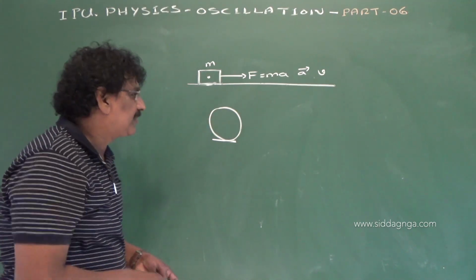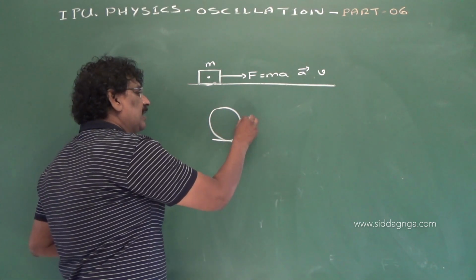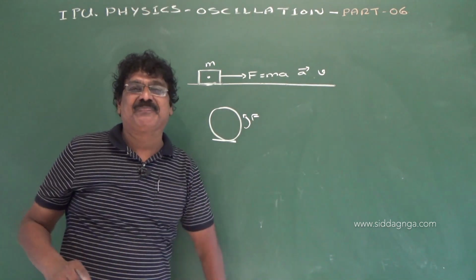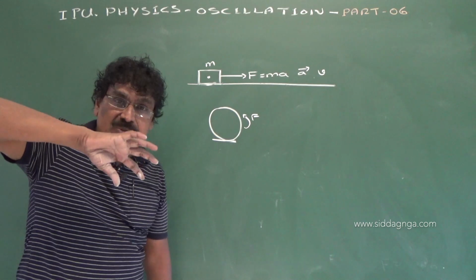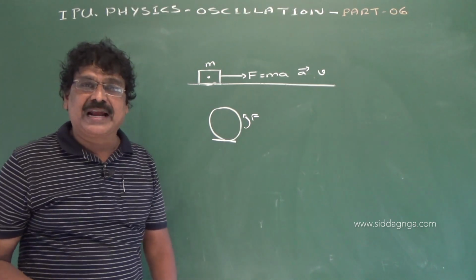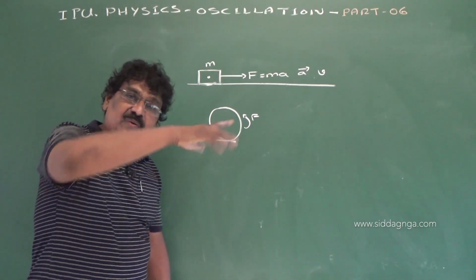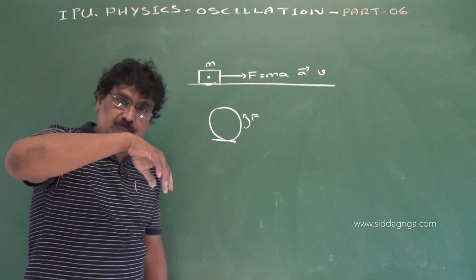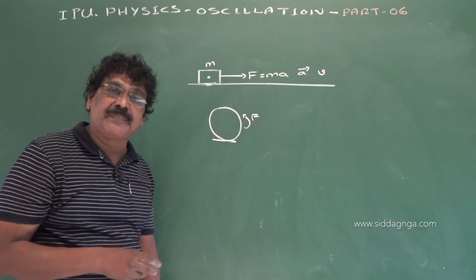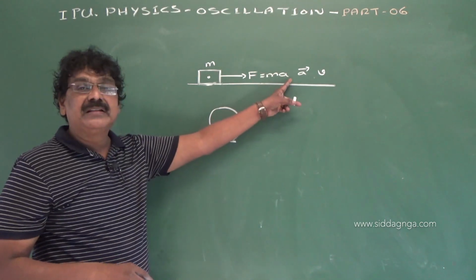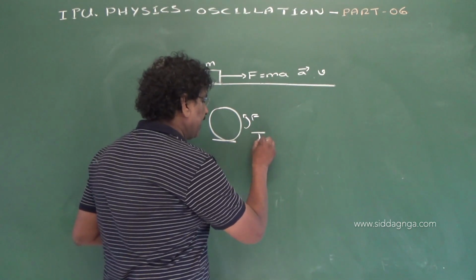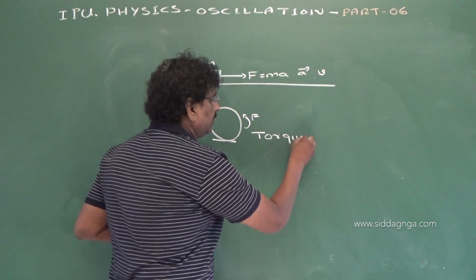You apply the force in a specific manner to produce rotational motion. That effect you are producing on the globe is different from this effect, and the effect is called torque.